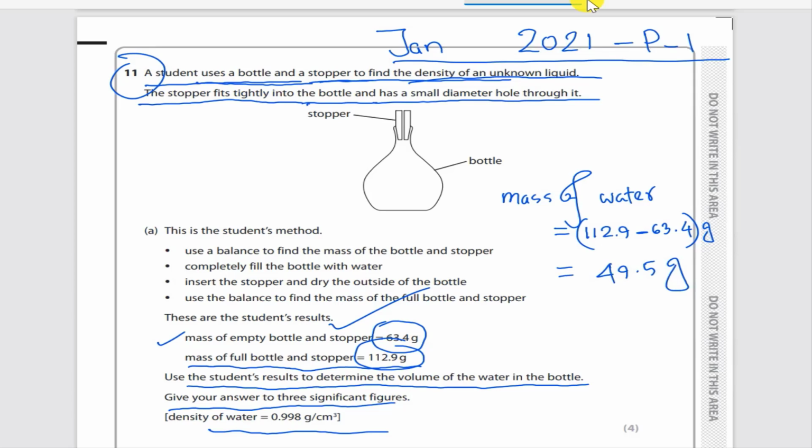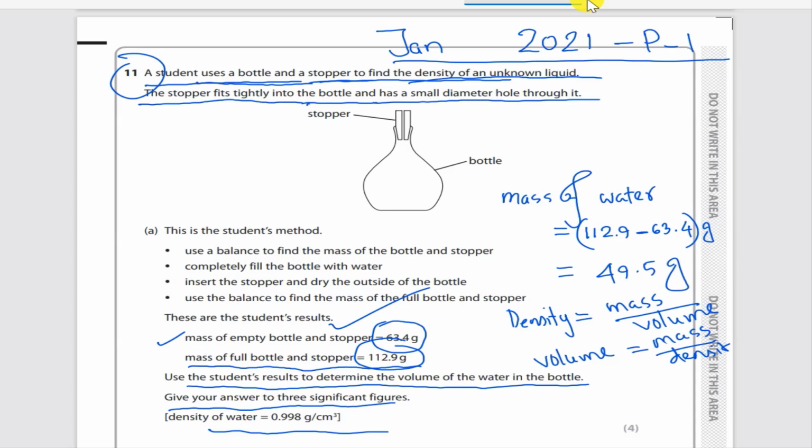We know density equals mass divided by volume. We have to find the volume, so volume equals mass divided by density.